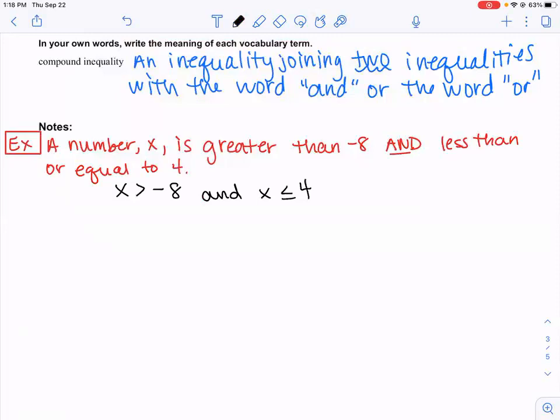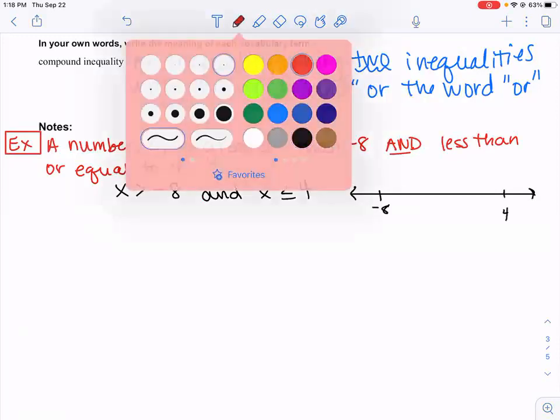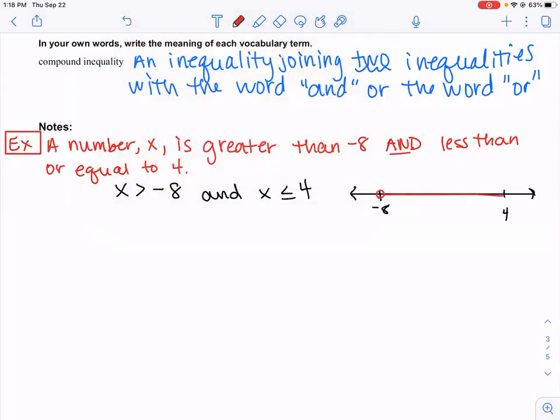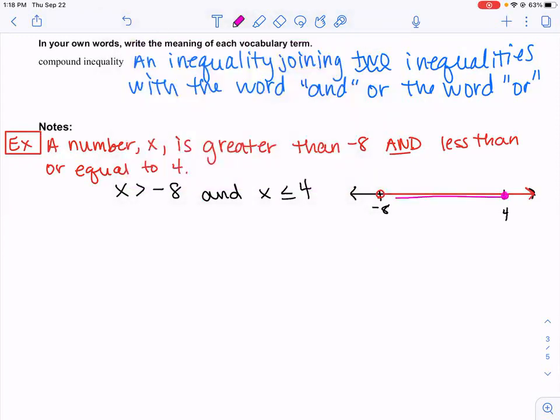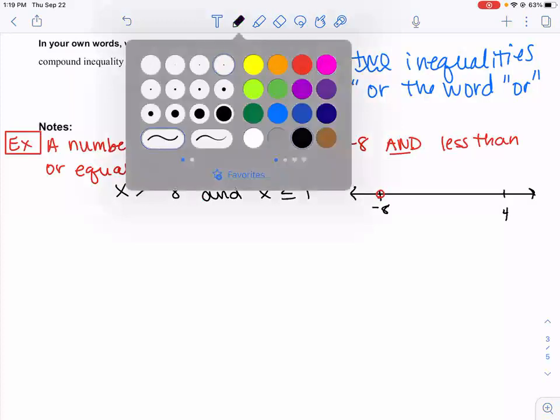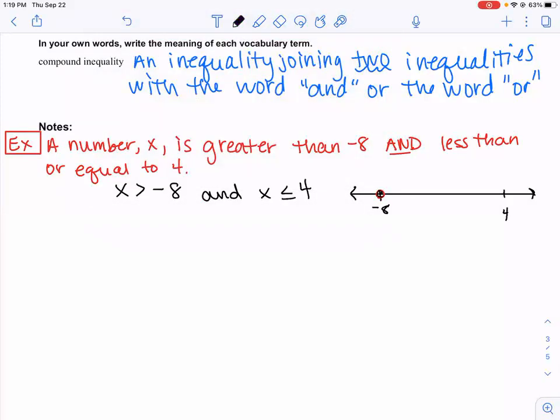So what we can do, let me put it on a number line first. So here's -8 and here's 4. So if I say x is bigger than -8, and if I say less than or equal to 4, where do those two overlap? In between the two, right? So any of the ones in between.